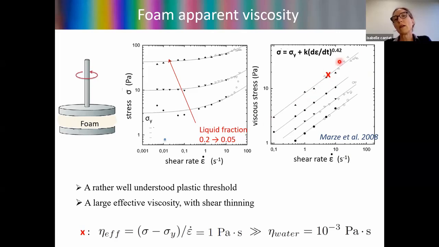And here you see that the foam is a shear thinning complex fluid. So I won't discuss the power law at all, but I will focus first on the order of magnitude. If I need to select one shear rate, because the viscosity depends on the shear rate, if you pick this one, for example, we can define the viscosity by simply dividing the viscous stress by the shear rate, and you get something of the order of 1 Pascal second.